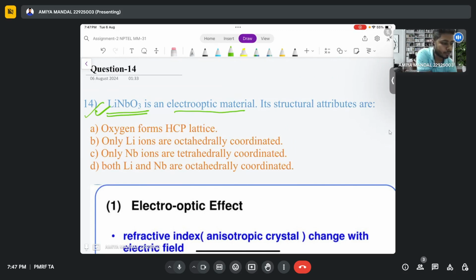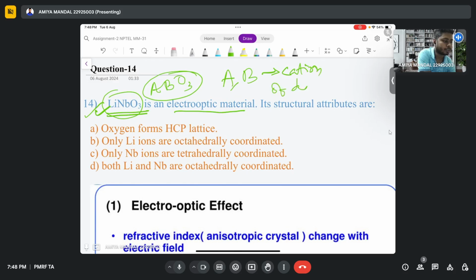This is a perovskite structure, ABO3 structure, where A and B are cations of different valency.